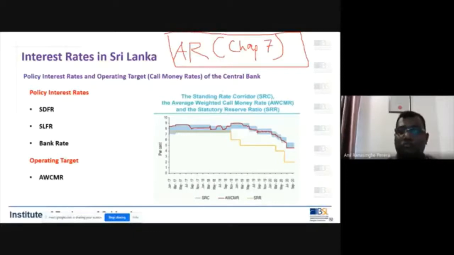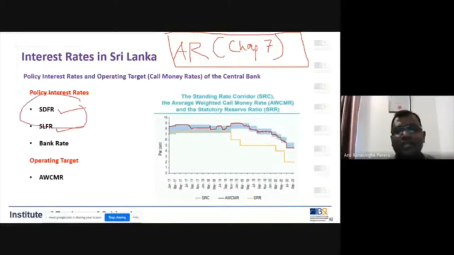When you go through this chapter, you will find answers for these different interest rates. I want you to find out definitions, some idea about these rates. What is SDFR? Standing Deposit Facility Rate. What is SLFR? Standing Lending Facility Rate.